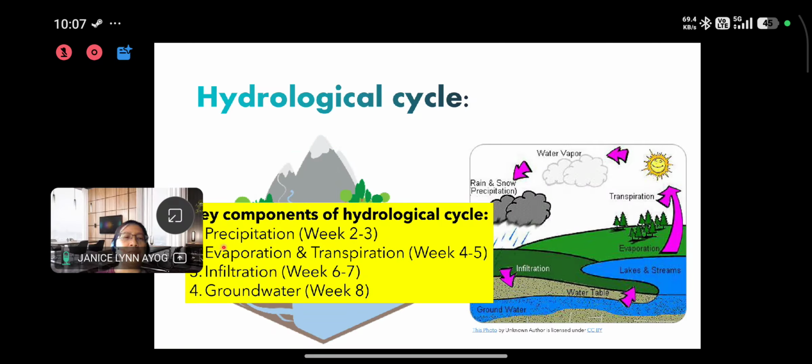So we have the precipitation, which we'll cover in weeks 2 and 3. It's supposed to be next week. And then evaporation and transpiration, after we cover precipitation. After that, we cover the infiltration, and then we're going to cover groundwater. So that's basically your topic till week 8.